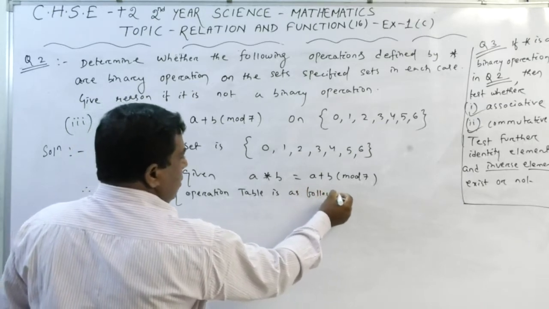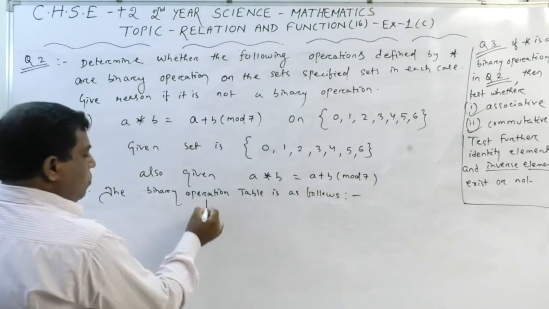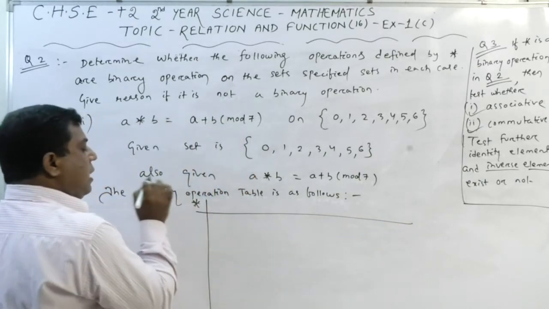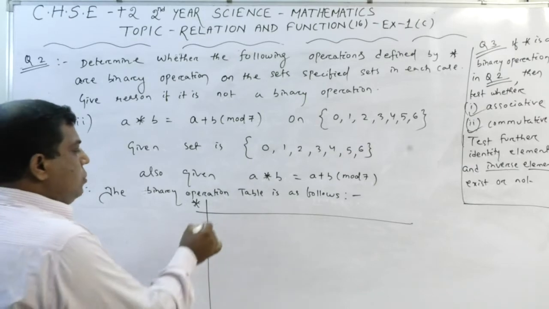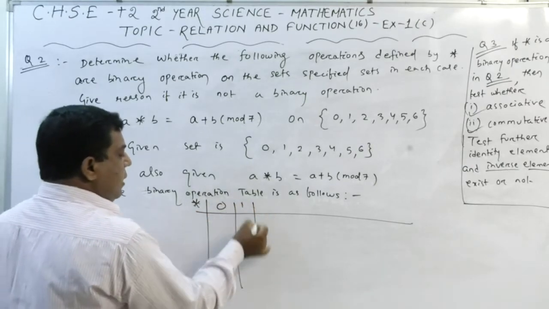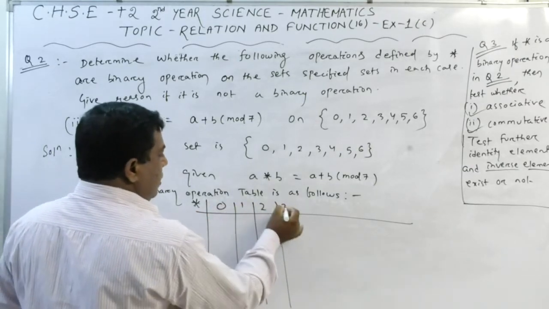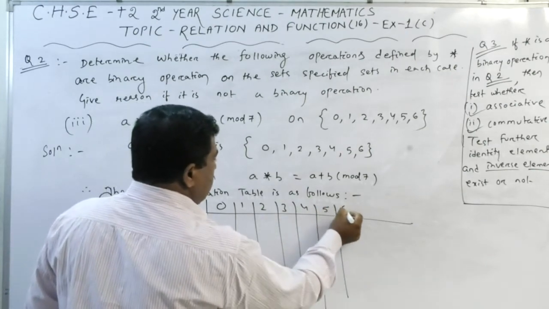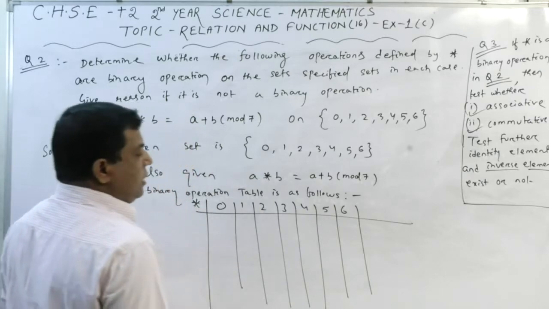So we can do the operation table now. For it, we take the elements with the star. 0 is there, 1 is there, 2 is there, 3, 4, 5, 6, up to 6.